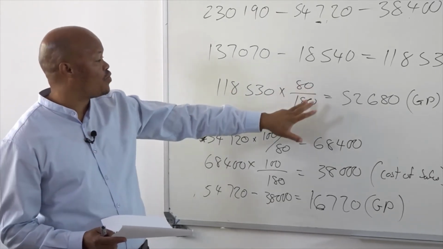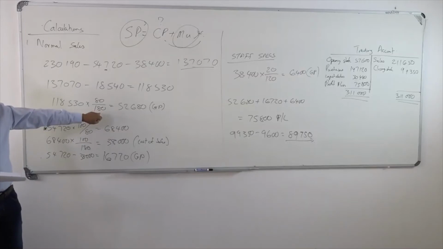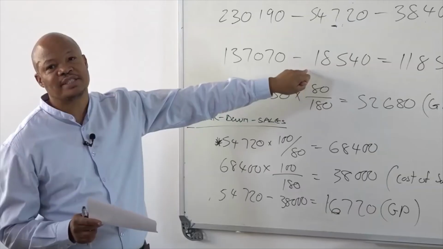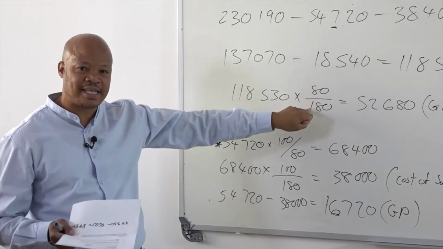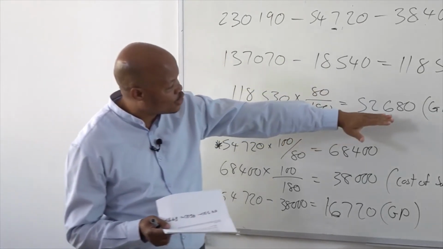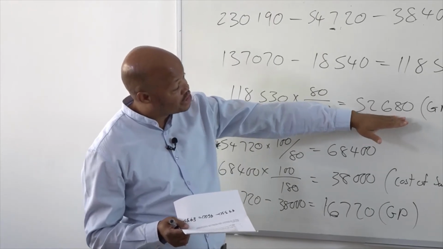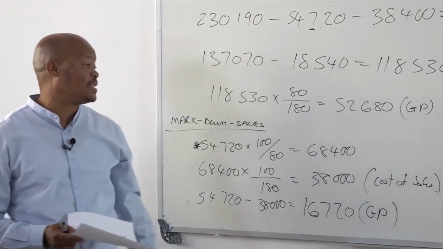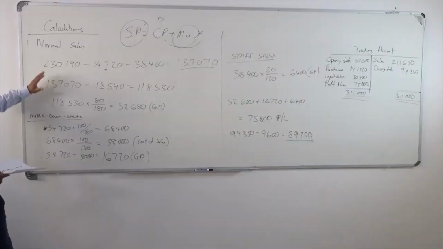Now 80 over 180. Many students make an error here. They try to calculate cost of sales. No, we are calculating GP. 80 over 180. If the markup was 10%, it will be 10 over 110. If it was 50%, it will be 50 over 150, in order for you to get the GP of 52,680.